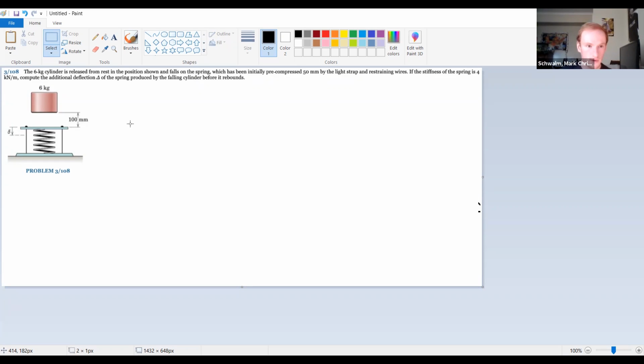Okay, so we got 6 kilograms coming down, 100 millimeters. This is pre-compressed, which means that we are going to be using, I think I saw in your notes that Dr. Miri gave you, something that looks like this, to account for that.